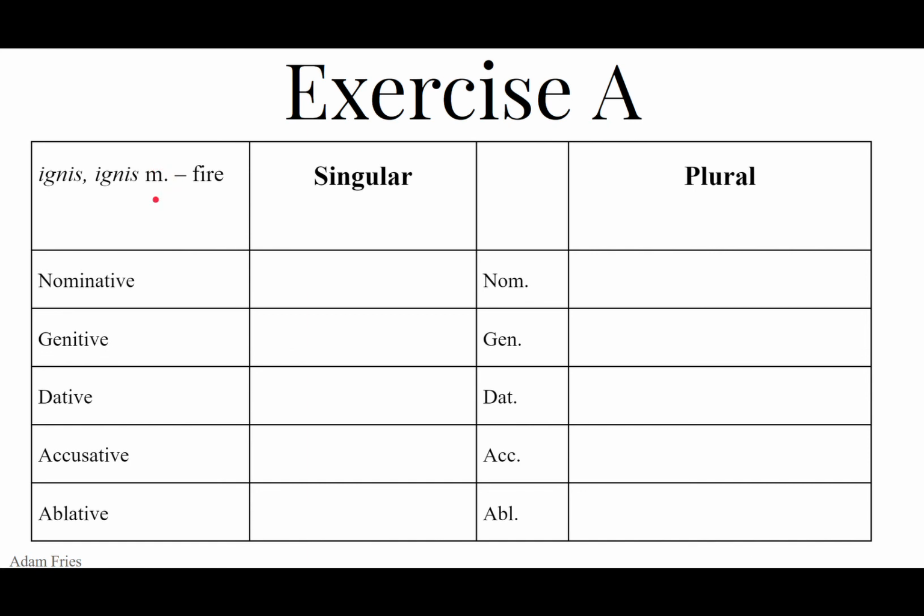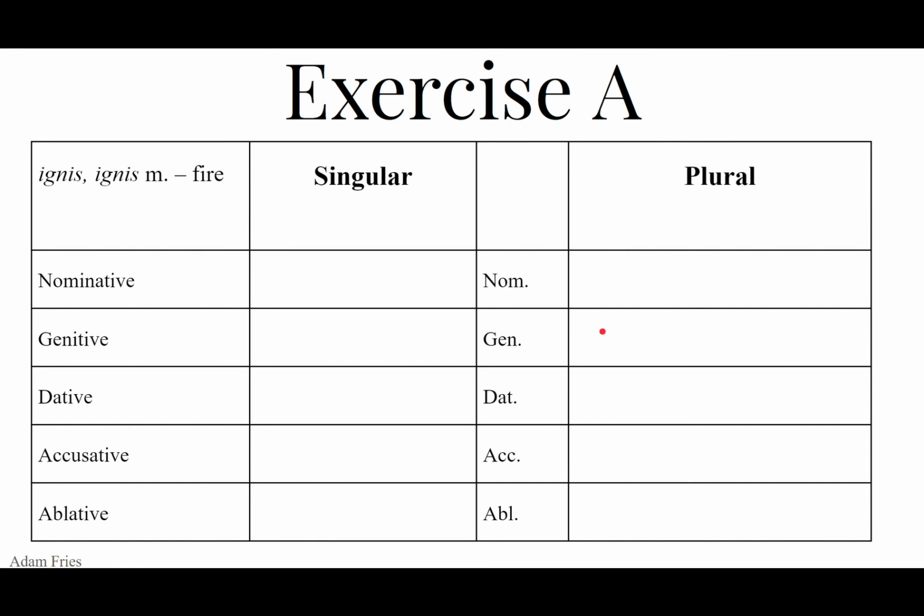Is it an I stem? Indeed, it is. The nominative ends in IS or ES, and it is parisyllabic, has the same number of syllables, that is 2, as its genitive. Ignis, ignis. Both have 2 syllables. So it will have third declension masculine/feminine I stem endings.